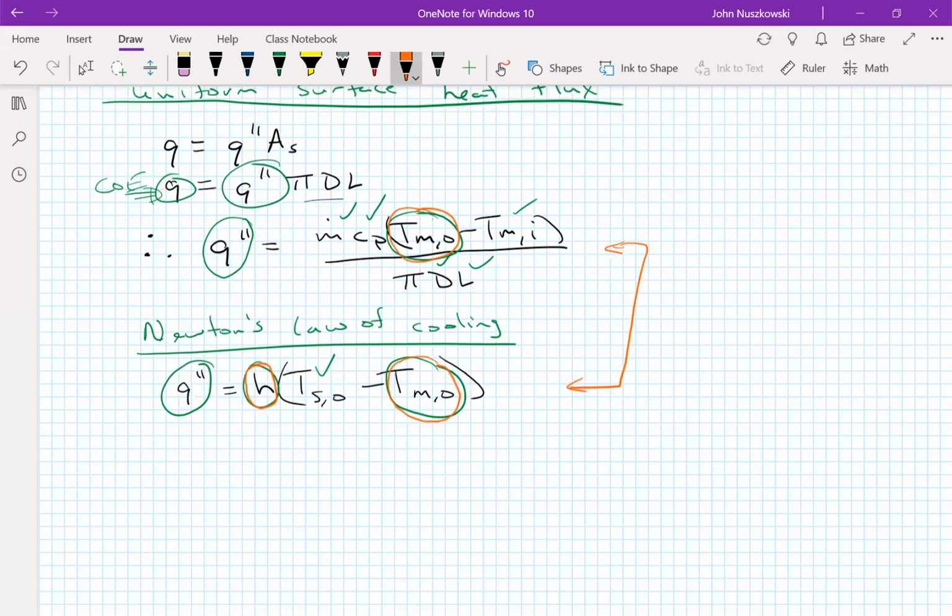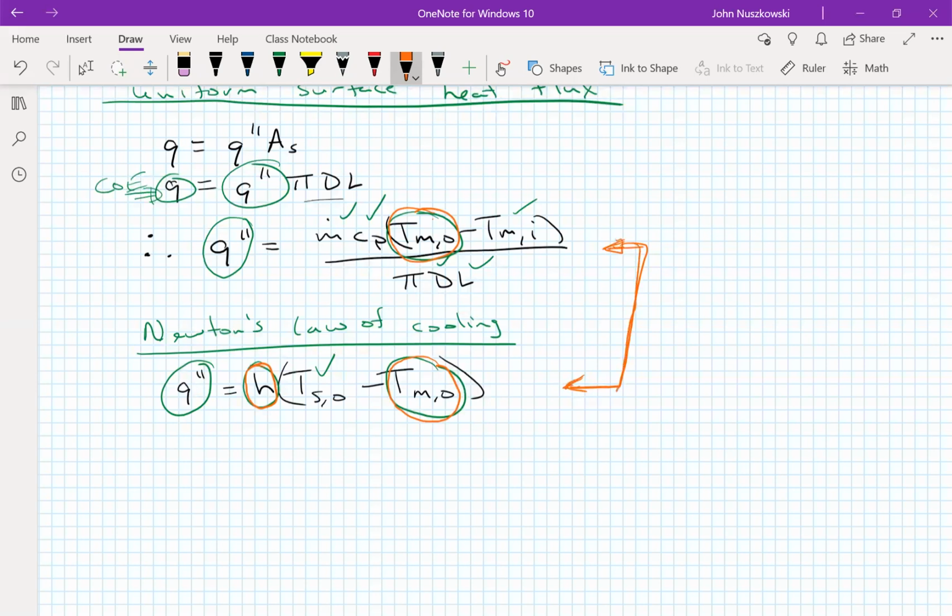So what do we need to do next then? If we set these two equations equal to each other, we still have two unknowns.